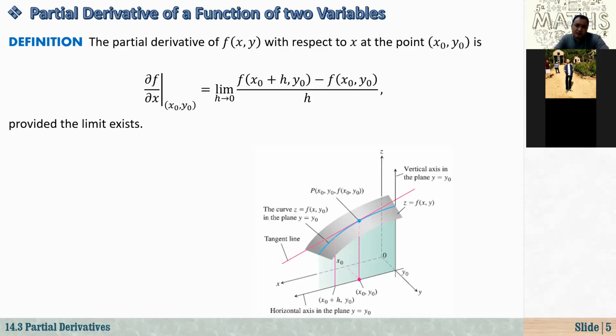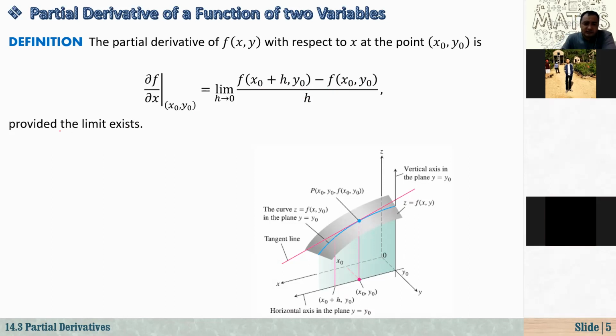So what is it actually? Simply, if you're given a function f of x and y, let's say our function is 2x squared y plus xy squared plus 3. By this definition, what is the derivative of this function with respect to x?